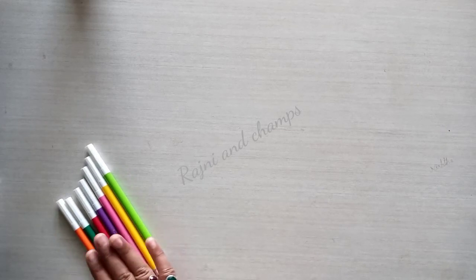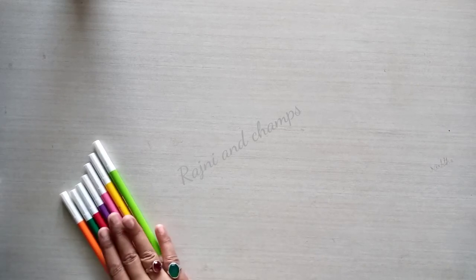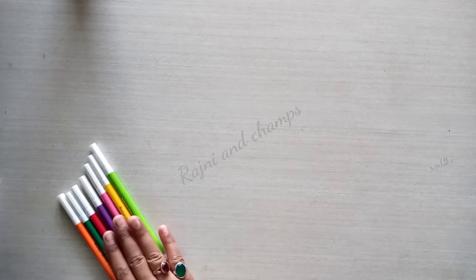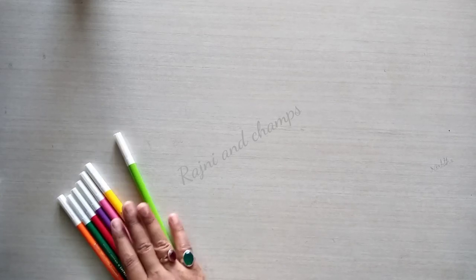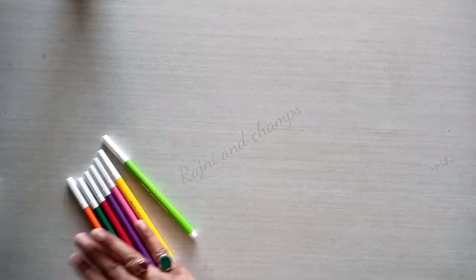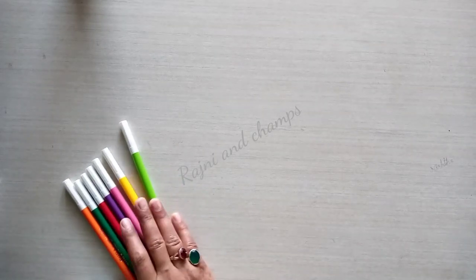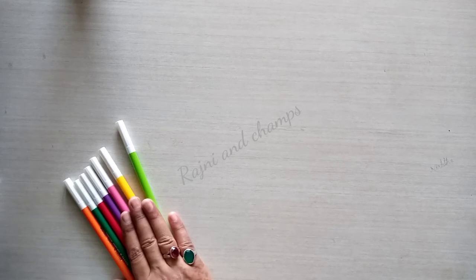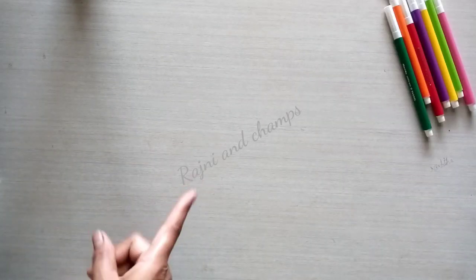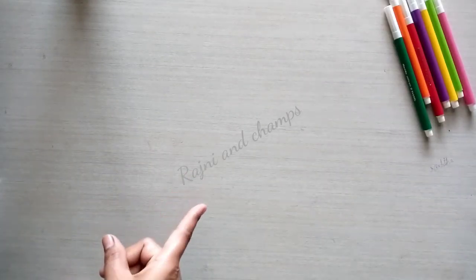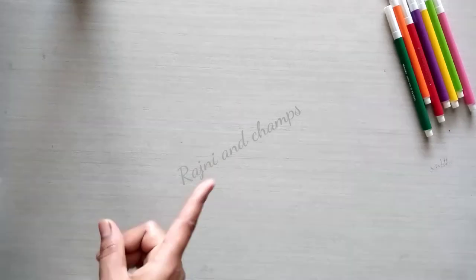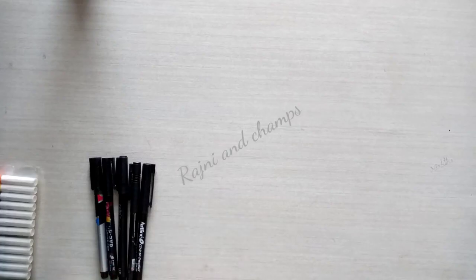Now these are, what are these? These are sketch pens, or these are colors. They are more than one and they are close to me, near me. So these are colors. Now what are those? Those are sketch pens. Those are colors. Now can you answer me?